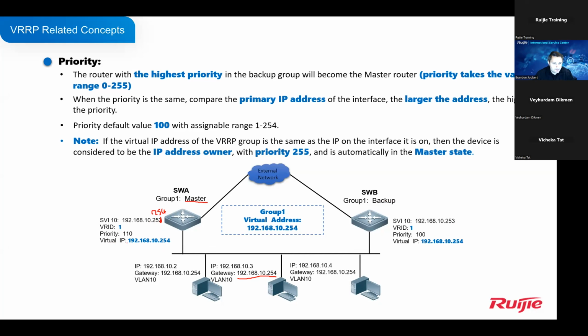And if it is the IP owner, its priority will by default change to 255, which is the highest priority. So this router will automatically become the master router of the VRRP, and it will also be the IP owner, but VRRP will still be working. So if this router fails, then this virtual IP address will attach itself to the backup router.